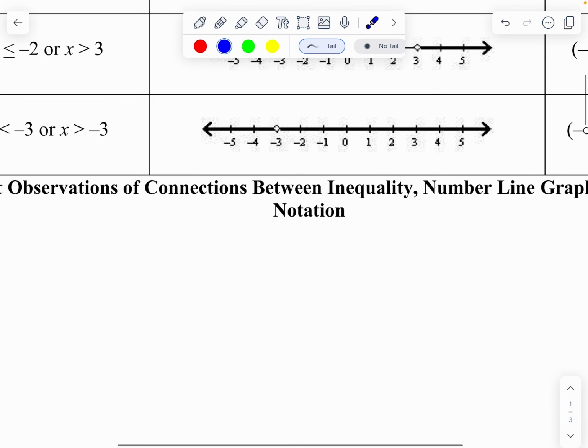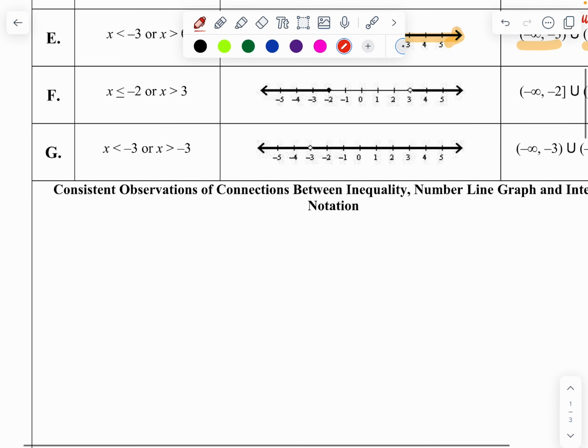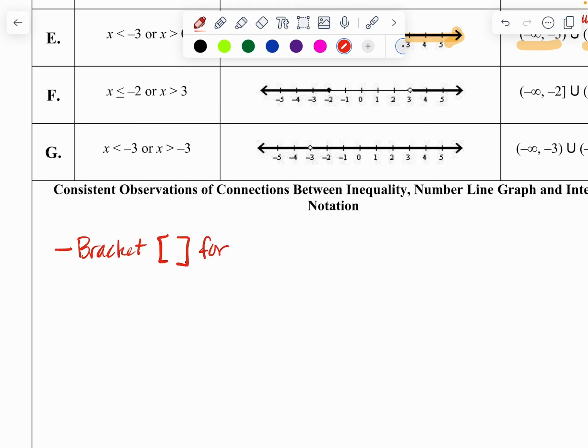All right, so let's look at some connections down here. Let's talk about the things that are important. When we're doing interval notation, we need to use a bracket symbol for a closed end dot, which means it's including that number.